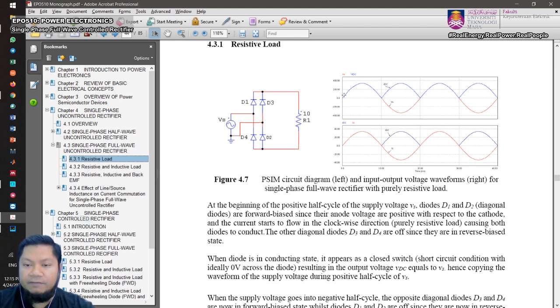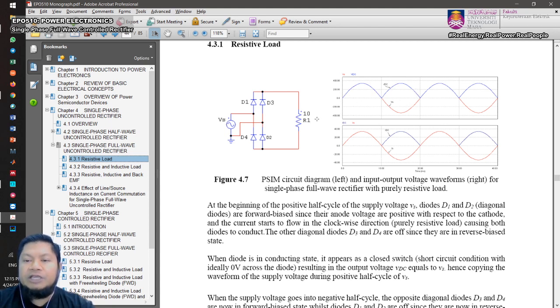That's why for the full wave uncontrolled rectifier you have this full wave output voltage waveform, whereby in one cycle you're going to have 2 pulses. In one main cycle you're going to see 2 pulses of the output voltage.